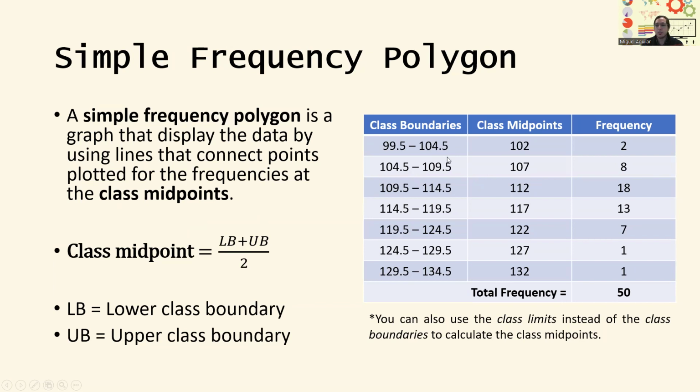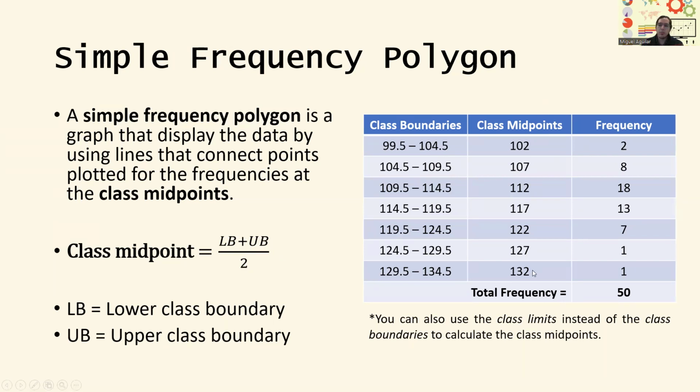For the second class, you'll do the same process, 104.5 plus 109.5, divide that number by 2, and then you should get 107. Okay. So again, in the formula here, LB represents your lower class boundary, plus UB, which represents your upper class boundary, divide that number by 2, and that is your midpoint.